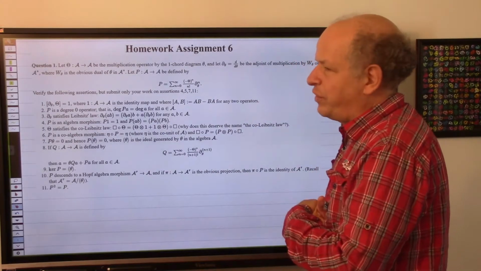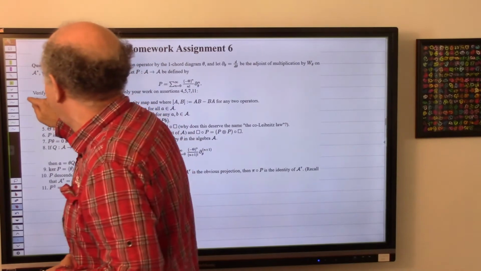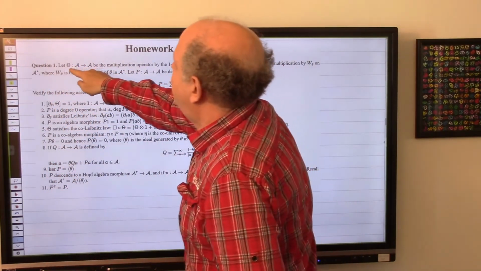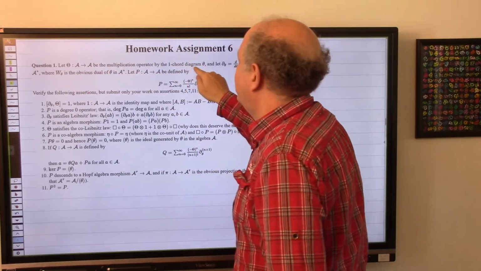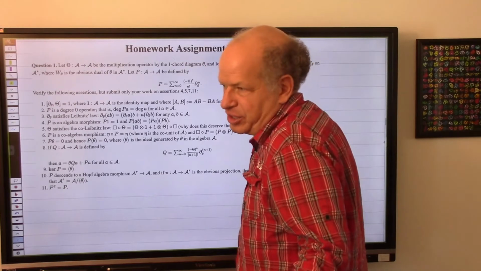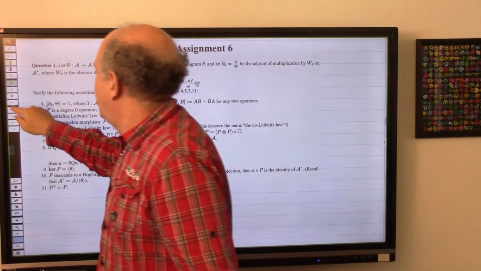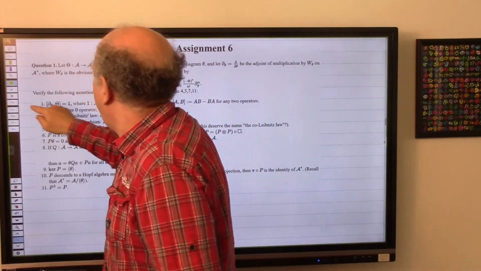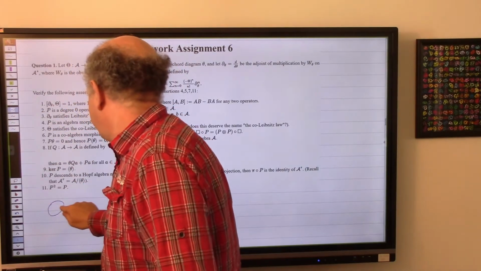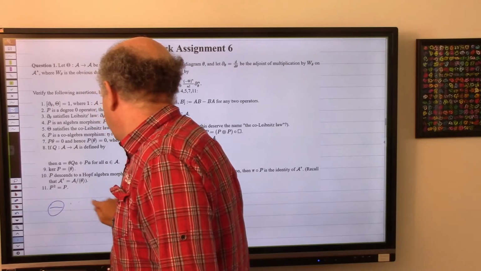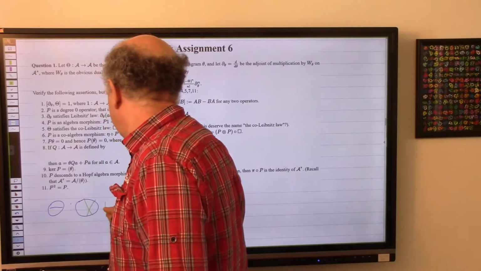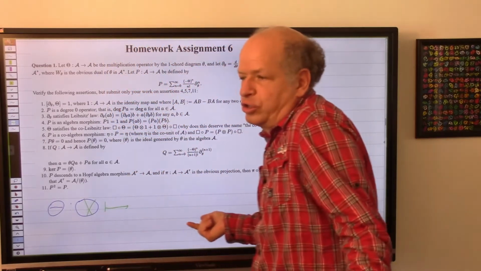So there are two things I wanted to say. One is, theta is the multiplication operator by the one chord diagram theta. That's obvious, right? So uppercase theta will be the map that maps a chord diagram to the diagram with another chord added to it.